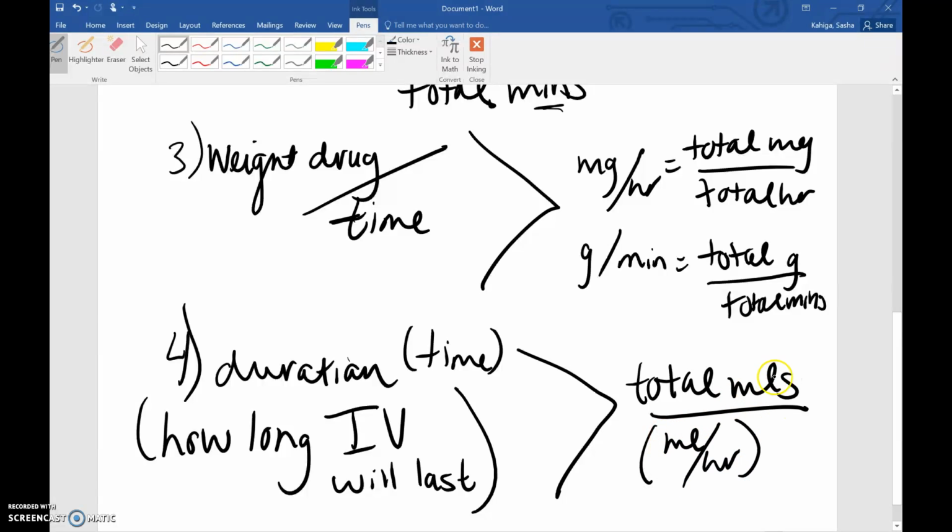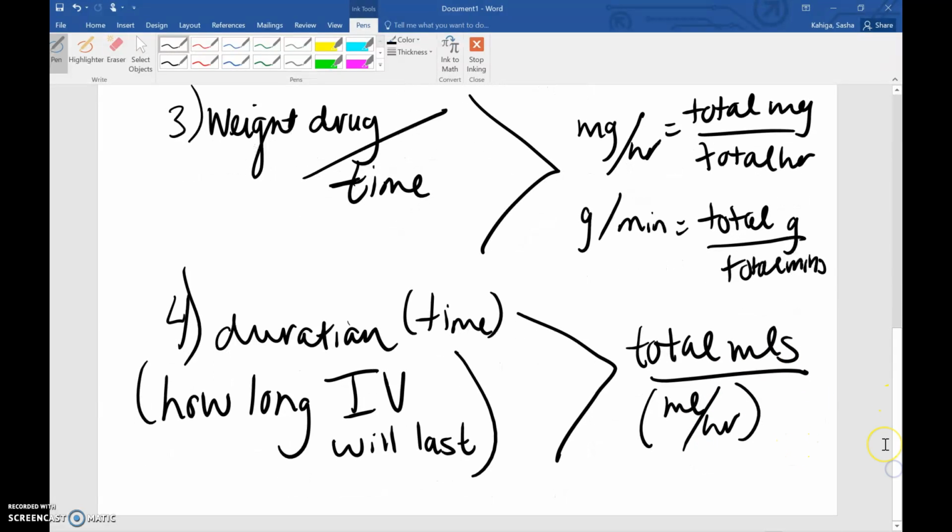So you think about it, the milliliters cross out, leaving you with hours. That's the whole purpose of these formulas, is to set your formula up to where all your units cross out, leaving you with what it is that you're looking for. If the duration of time wanted is in minutes, then you would take the total amount of milliliters over the flow rate of milliliter per minute, because your milliliters cross out, leaving you with minutes.